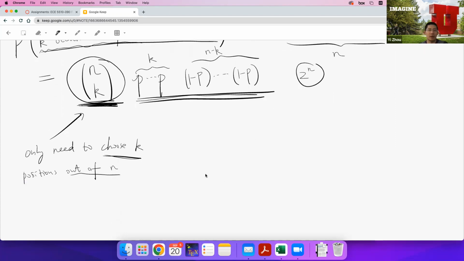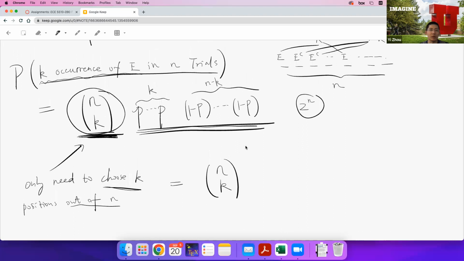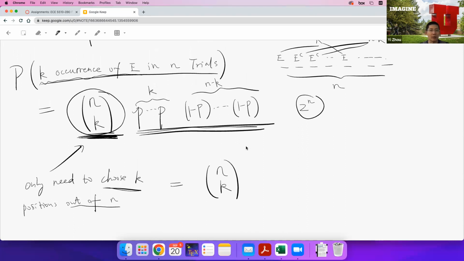Okay. So the final answer is, first you choose K from N, but this gives you the total number of different outcomes that belongs to this event. And then you specify the probability for each outcome.